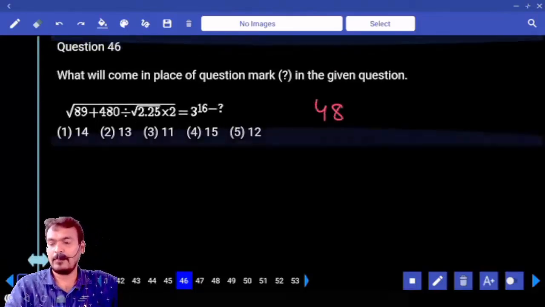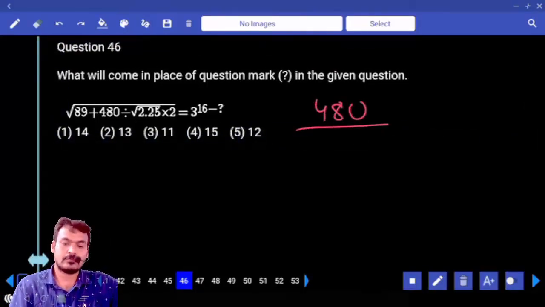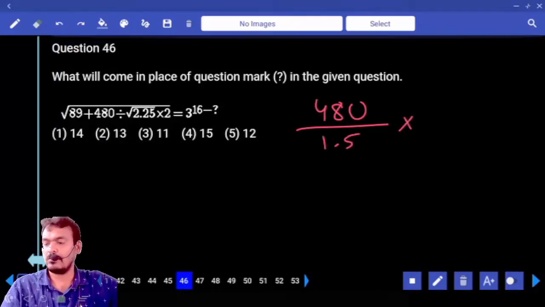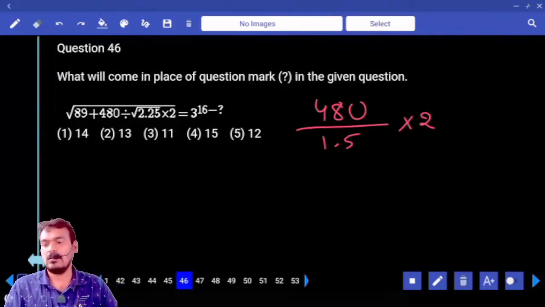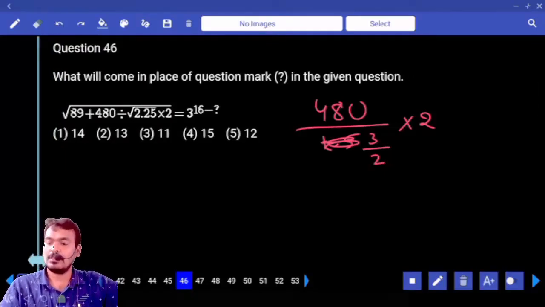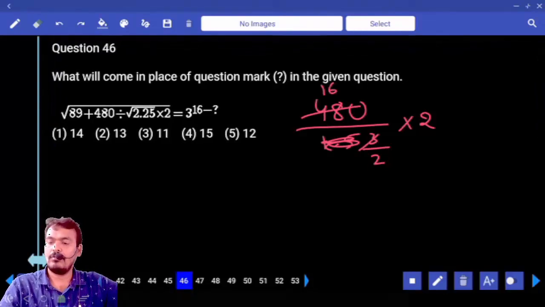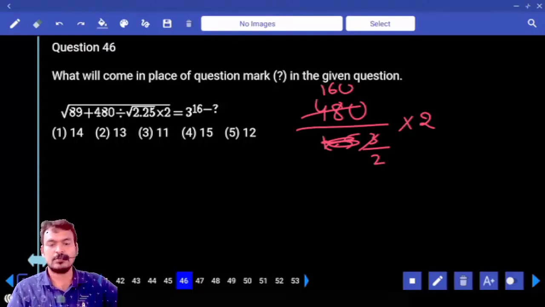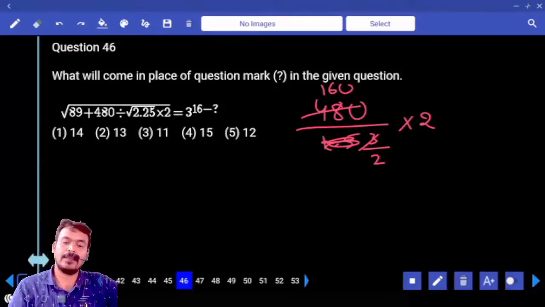What is the first one? 480 divided by square root of 2.25. 1.5 into how much value? 2, okay. 1.5 means we write 3 by 2. In place of 1.5 we wrote 3 by 2. 3 almost how many times? 160. 160 into 2, 320. 320 into 2, 640 plus 89, 729. 729 means which square? 27 square, nothing but 3 power 6.